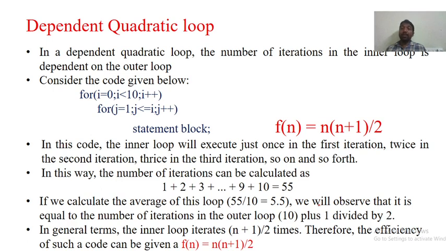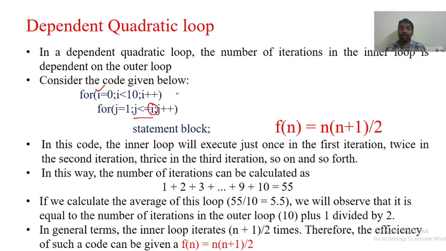Next, dependent quadratic loop. Previously every for loop was independent, but here the inner for loop is totally dependent on the outer loop. See here, j is less than or equal to i. It means the i value comes from the outer loop, so the inner loop is dependent on the outer loop.